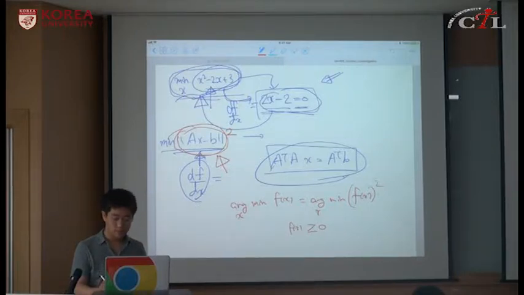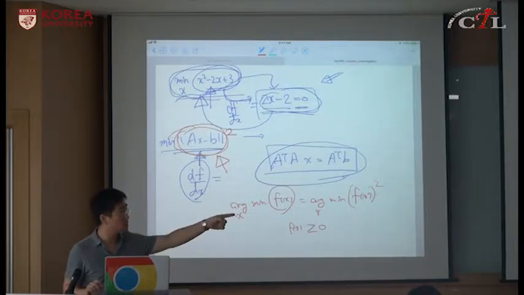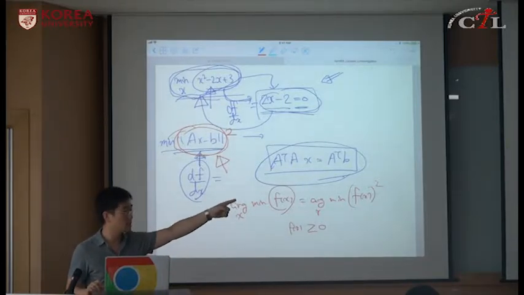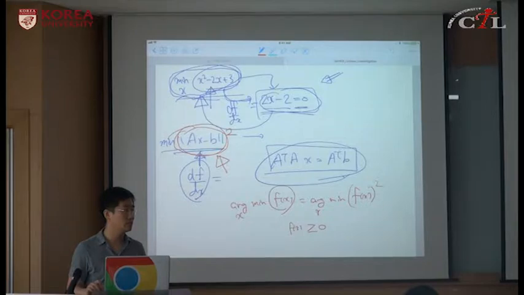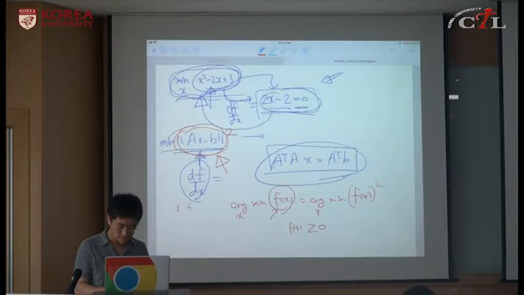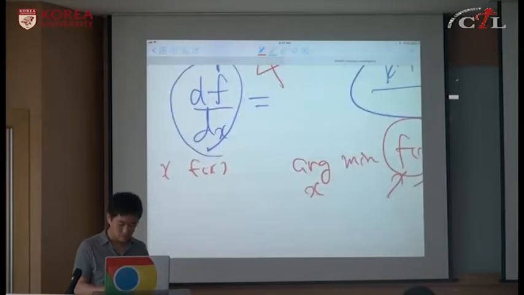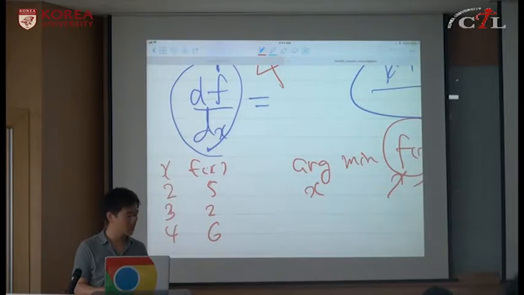Because if f(x) is minimized, its squared value will also be minimized. If we have a table of x and f(x), x is 1, 2, 3, 4 and f(x) is 5, 2, 6, the minimizer is when x is 3.